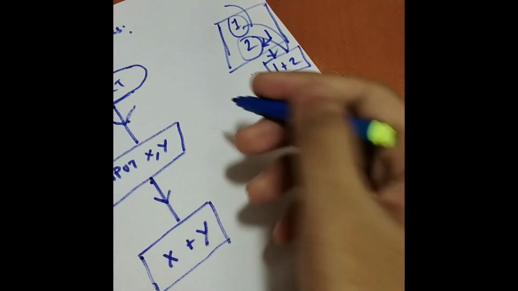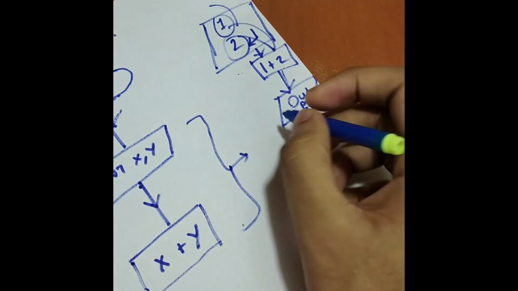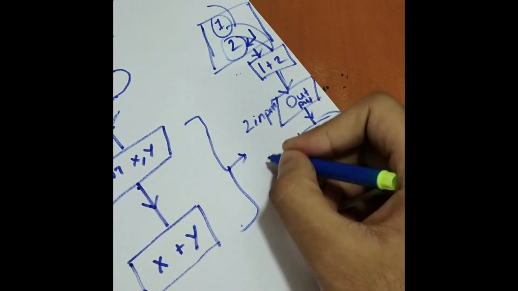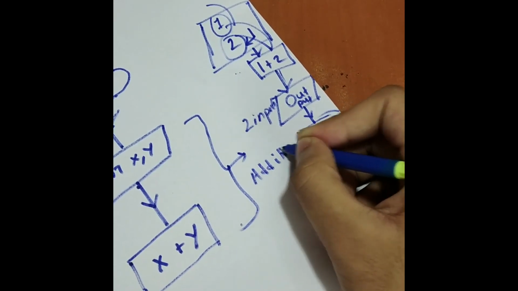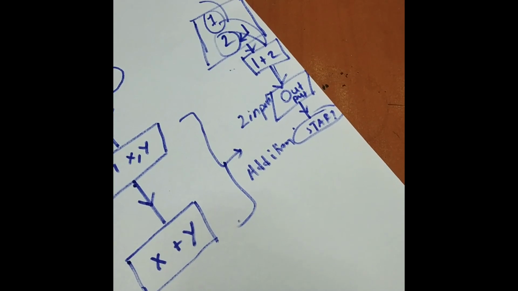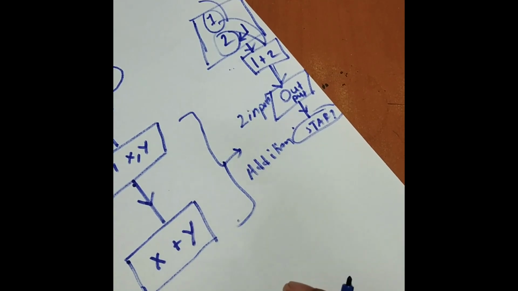So up to this, what I have done, I have given two inputs and then I have performed the addition. So what's left? So I will say the main thing left is to print the output.